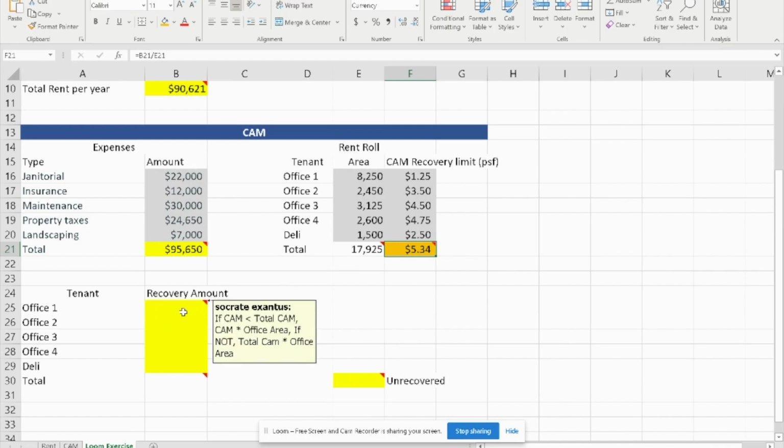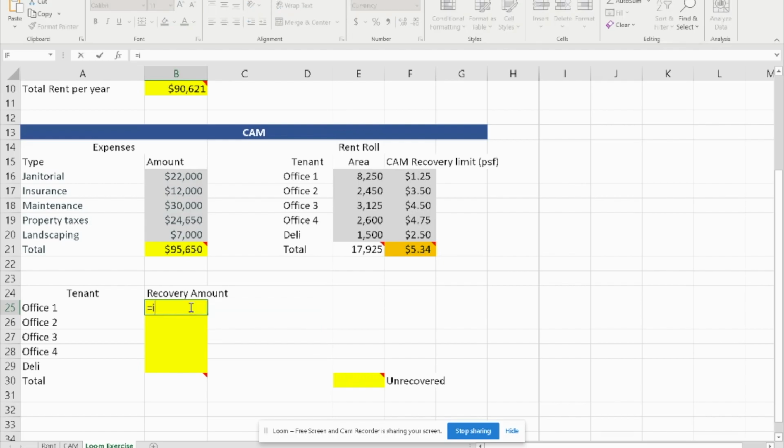I left the formula here, but I'll slow down as I go along calculating the recovery amount. It's simply an if statement. We're going to say if the CAM recovery for this tenant is less than the total CAM, you multiply the CAM for that tenant times the area for that tenant.